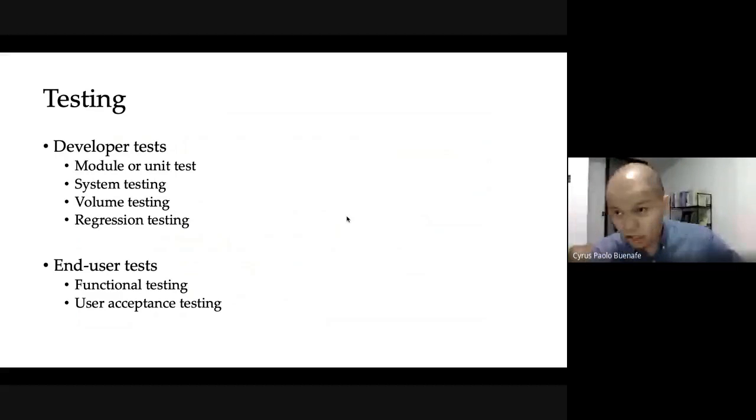Regression testing, for those of you who might know this, means you want to be able to run scenarios from the old system, and when you run the same scenarios in the new system, it should give you the same output. So the output shouldn't change.